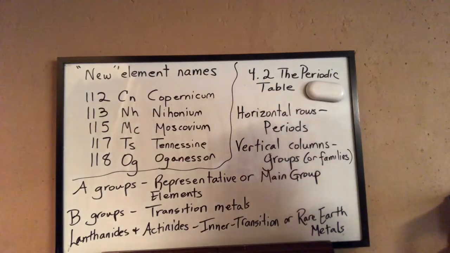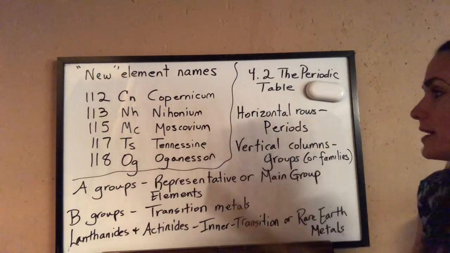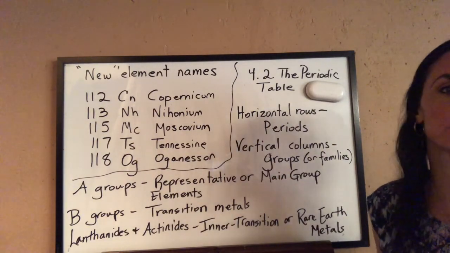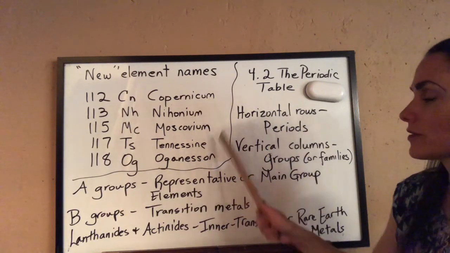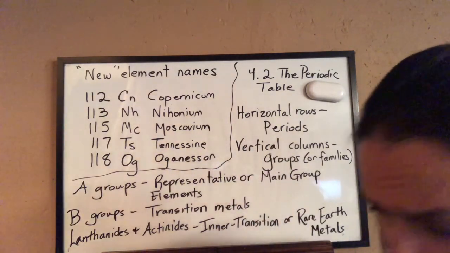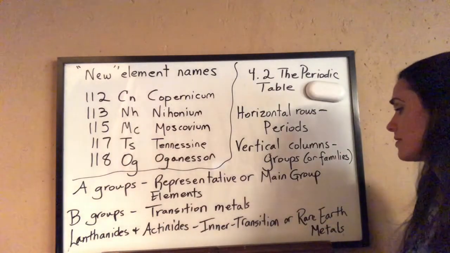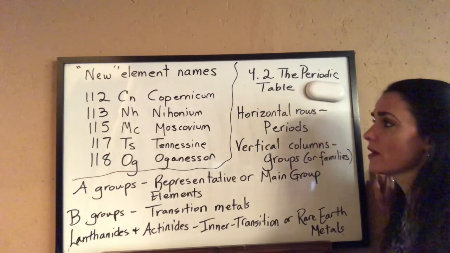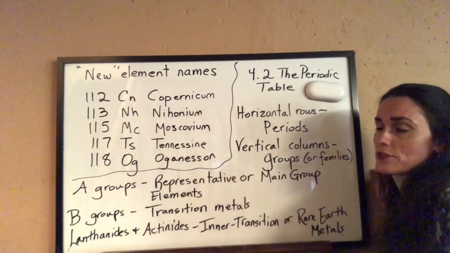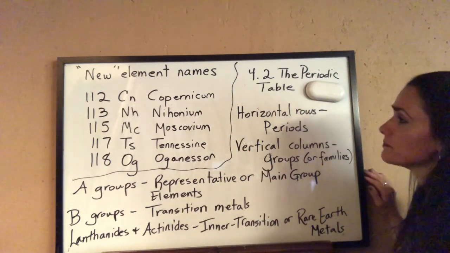And these last four are named after the respective universities or cities where they were created. Okay, these are artificial elements created under extreme conditions and in reality only existing for probably a few seconds or minutes. Copernicium, named after astronomer Copernicus.